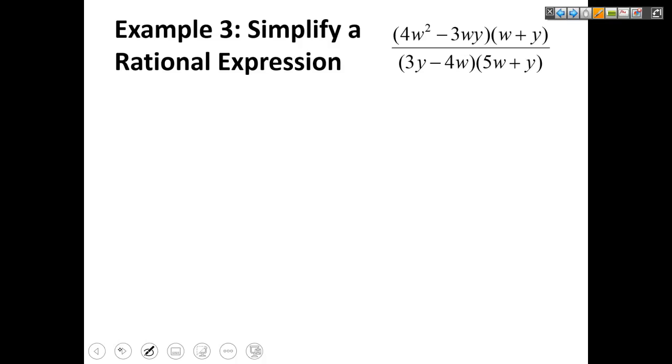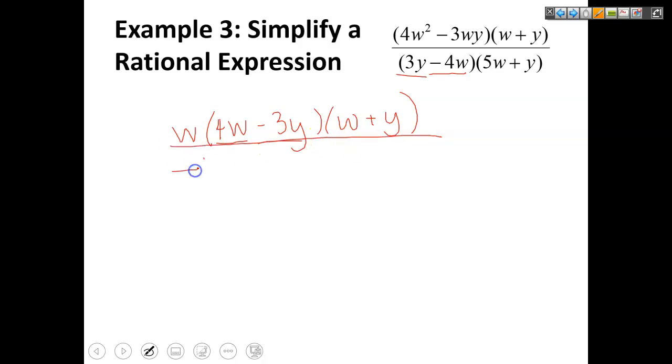So 4w squared, 3wy. We're going to take out a w, leaving w times 4w minus 3y, w plus y. And then if you look at your denominator, that has -4, so that's the opposite of my +4. It has +3, that's the opposite of my -3. So if I take a -1 out, I now have a +4w and a -3y.